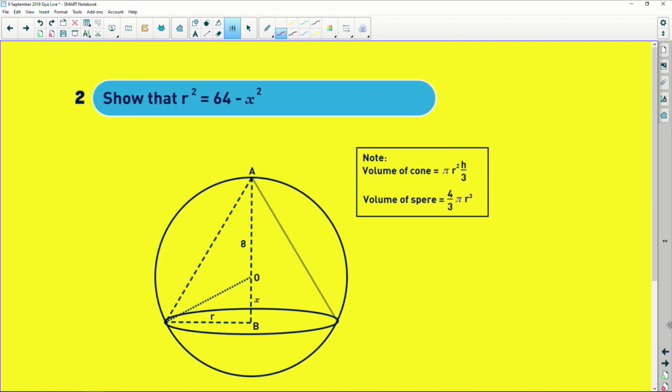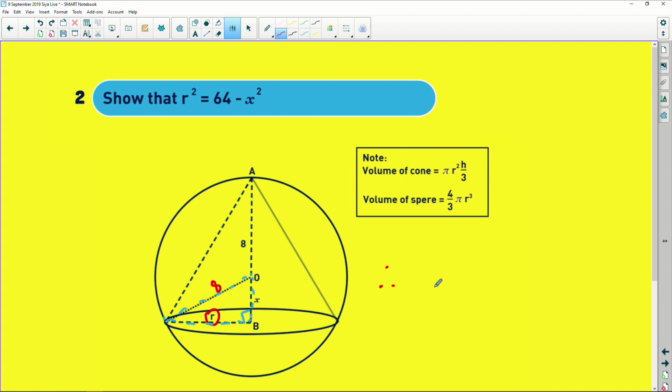Now, the second question says, show that r squared is equal to 64 minus x squared. What I'm trying to do is solve for r squared. If I focus mainly on this triangle, I know there's a 90-degree angle there. Therefore, I can use the theorem of Pythagoras. Also, I know that this line is 8 centimeters because it is also the radius of the circle.